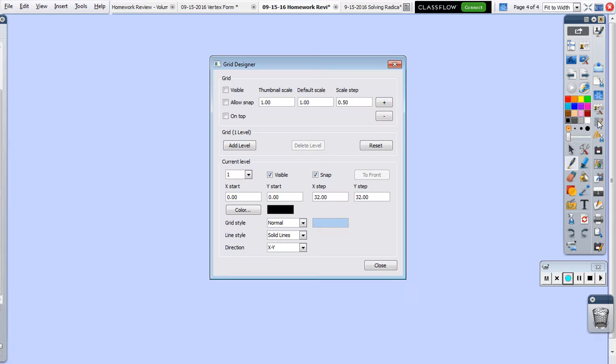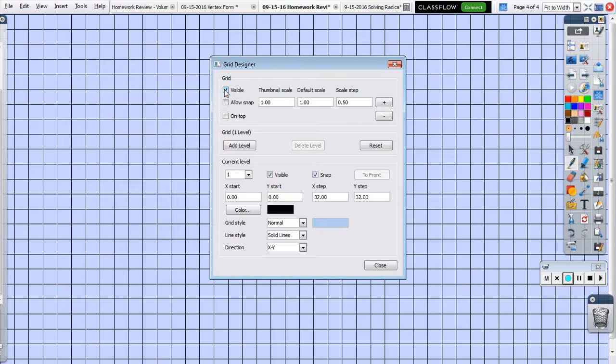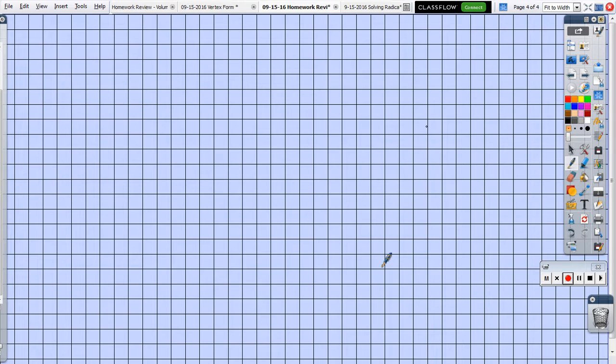Did they make us graph on the calc exam? I don't believe they made you graph, but there are free response answers, so theoretically, to support your answer, you could provide a graph. But I cannot recall graphing something on an XY plane.